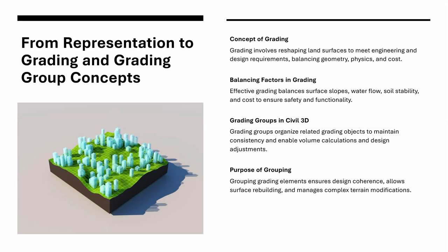It has drainage paths that must tie into ditches. And it may sit next to other paths that must align at shared property lines. By grouping these together, we ensure consistency and allow the software and ourselves to calculate volumes, adjust slopes, and rebuild surfaces as changes ripple throughout our designs.